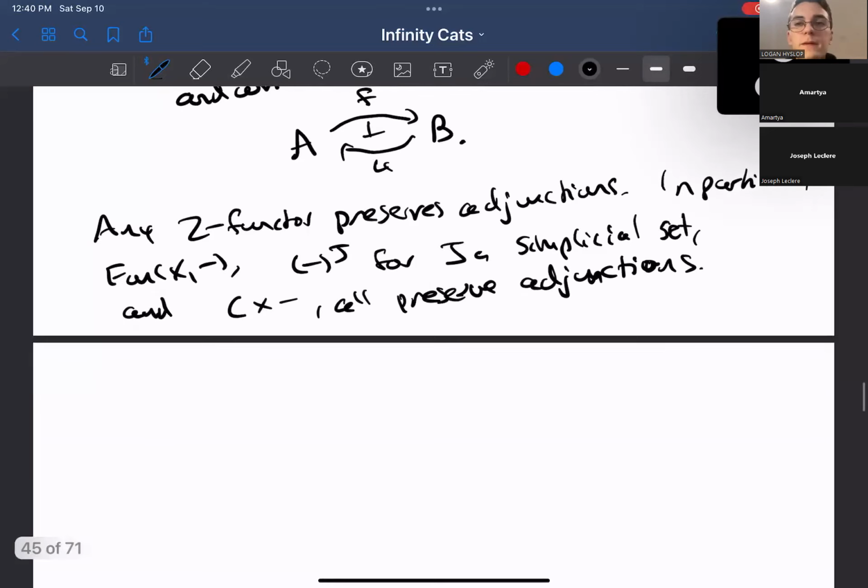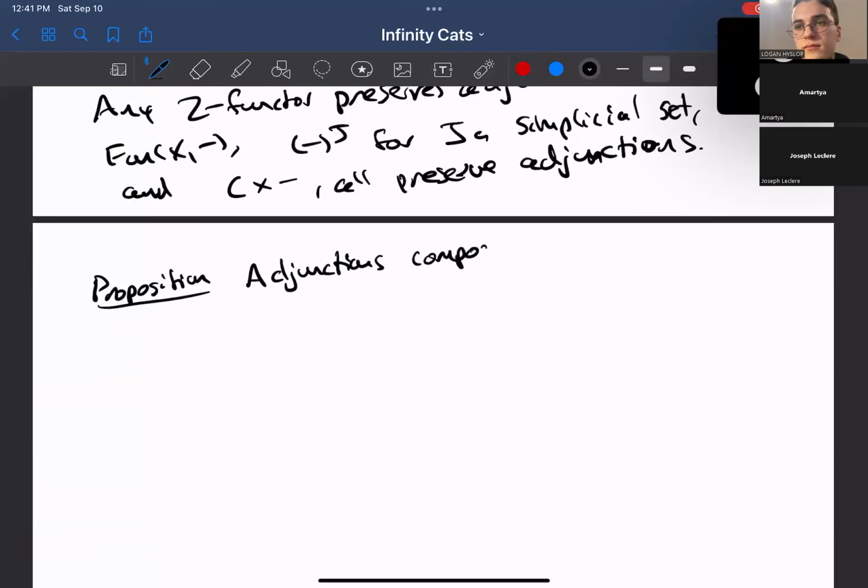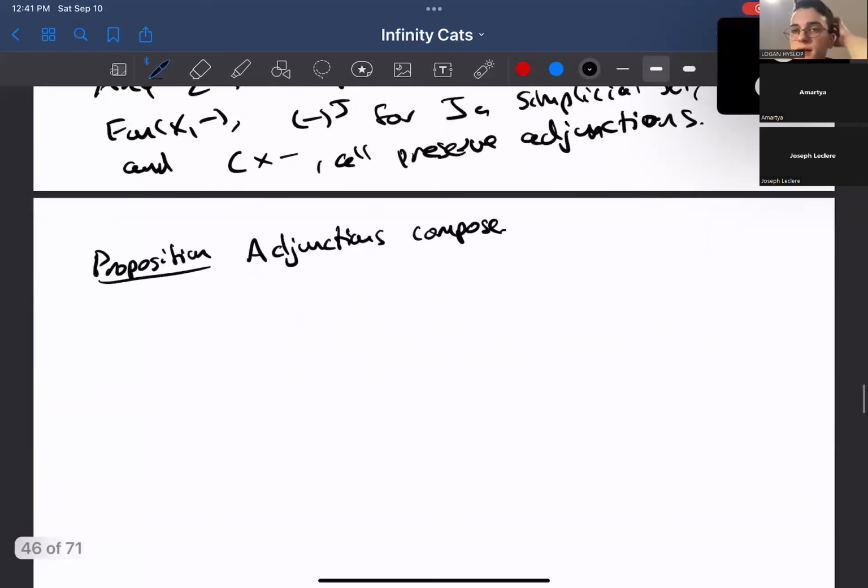All right, and now with this in hand, we can prove certain facts about adjunctions. We can prove a proposition: adjunctions compose. So say we have, I'm going to reverse F and U now, because I just want it to look like this.